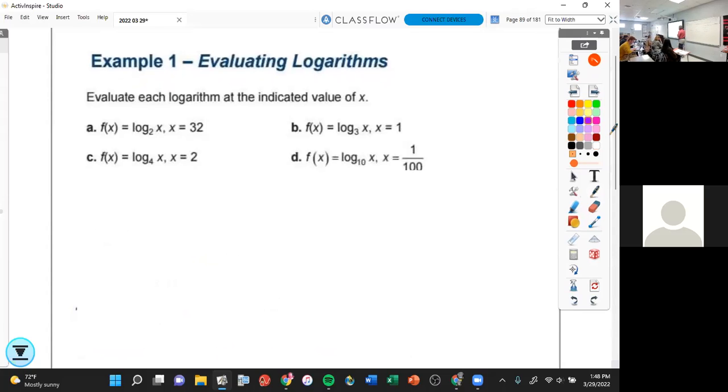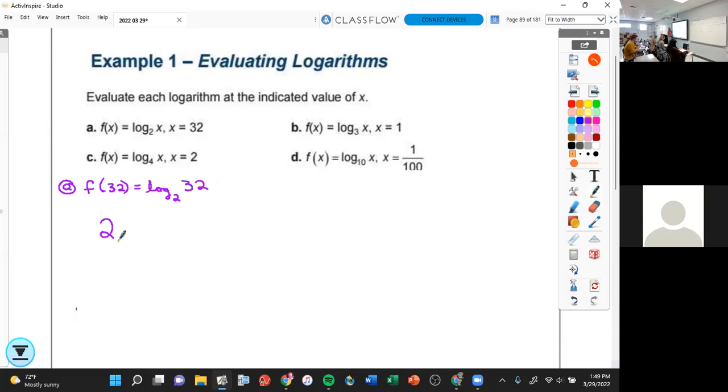Evaluate each logarithm at the indicated value of x. So letter A. I guess I'm going to write in purple now. F of x equals log base 2 of x. This is asking you, what is f of 32? F of 32 is equal to log base 2 of 32. What is the base? 2.